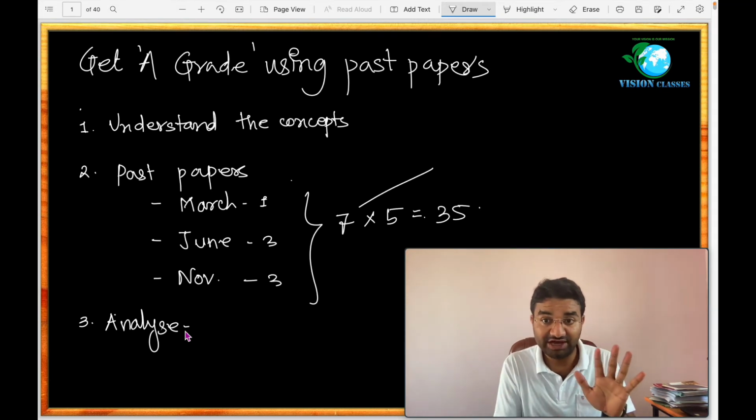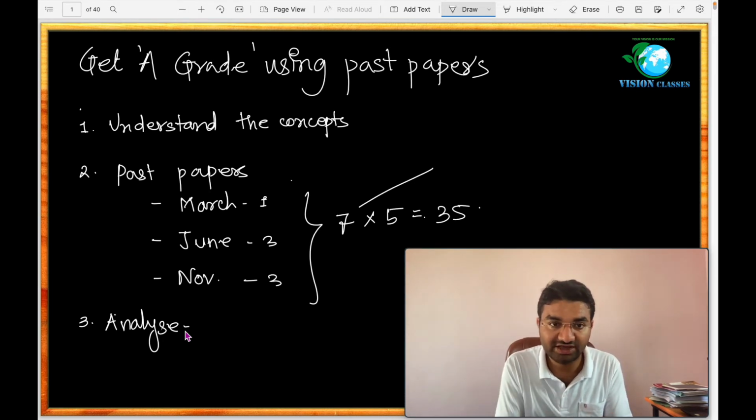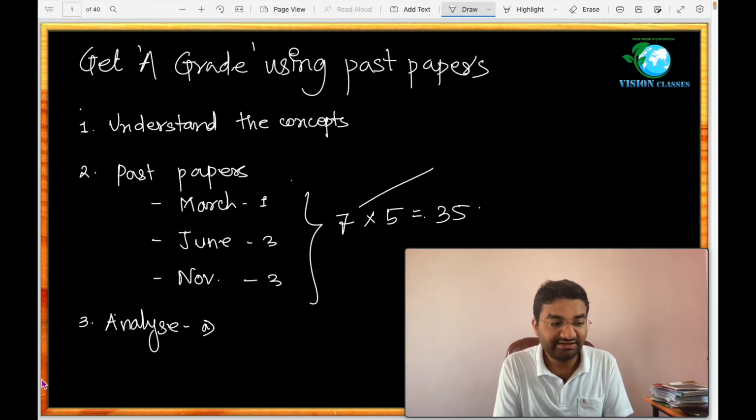In physics you have 6 parts, and out of the 6 parts you will definitely get 1 or 2 questions. Getting it? For electromagnetic induction, for example, you will get questions, and you have to analyze those repetitive questions again and again. So this is the first point in analysis. Then the second point: similar nature of question paper.